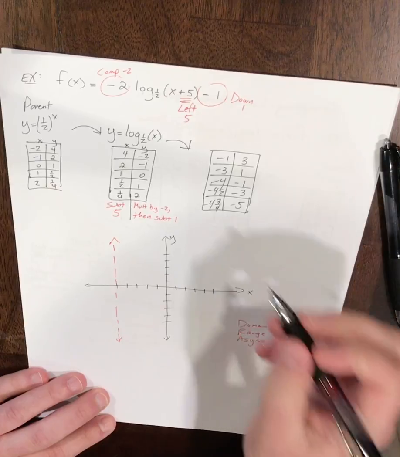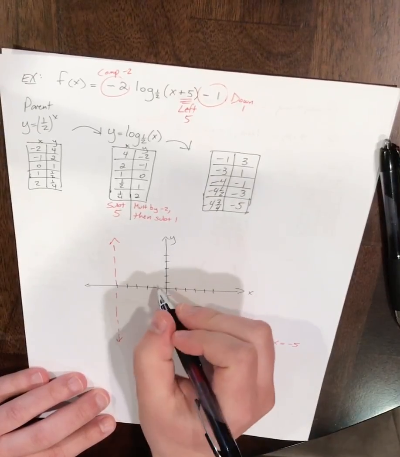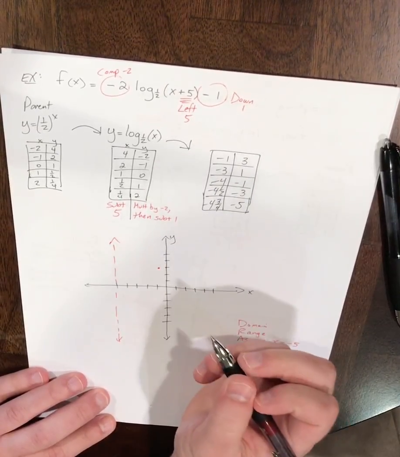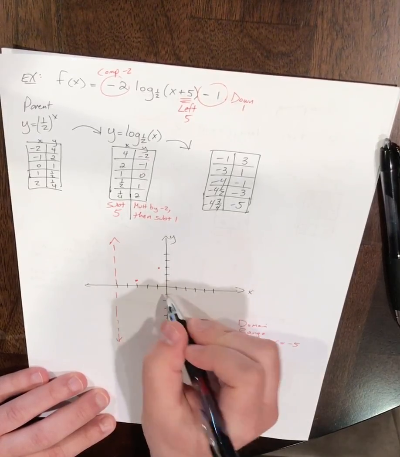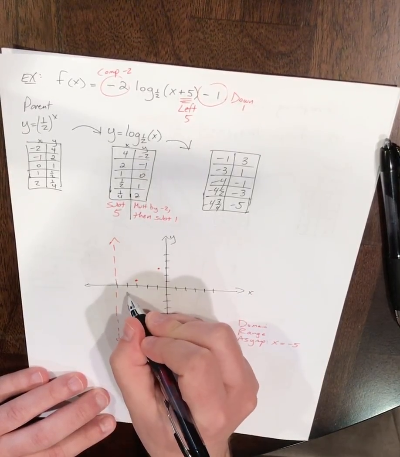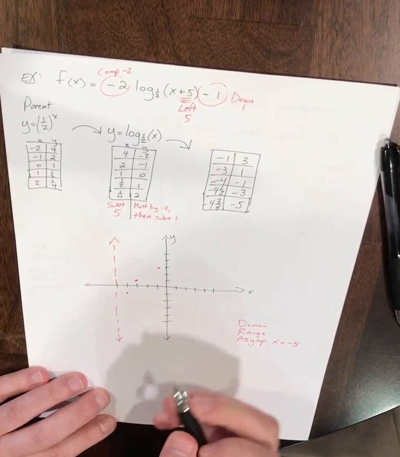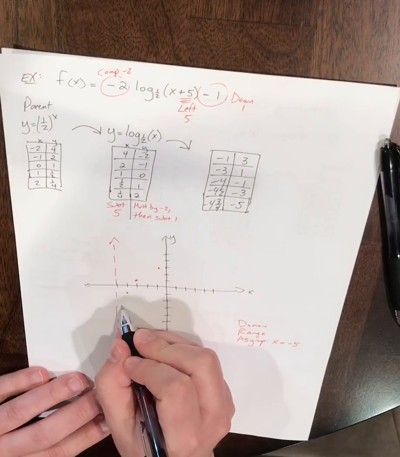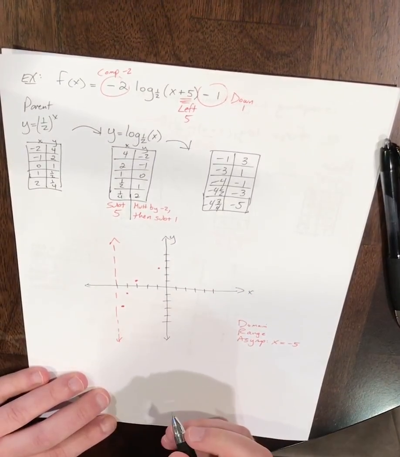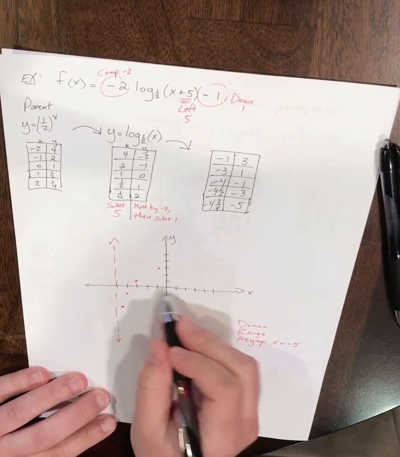And I'll start plotting the points. Negative 1, 3. Negative 3, 1. Negative 4, negative 1. Negative 4.5, negative 3. And negative 4 3/4, negative 5.